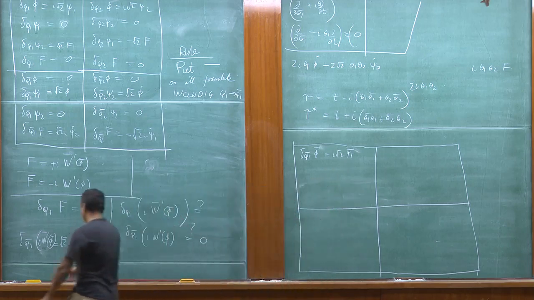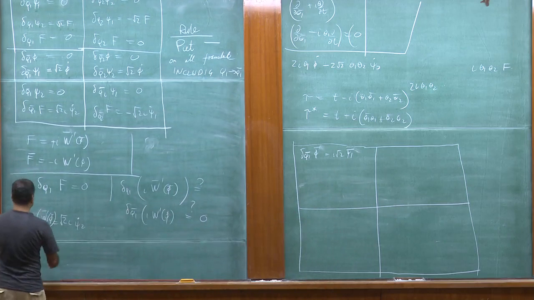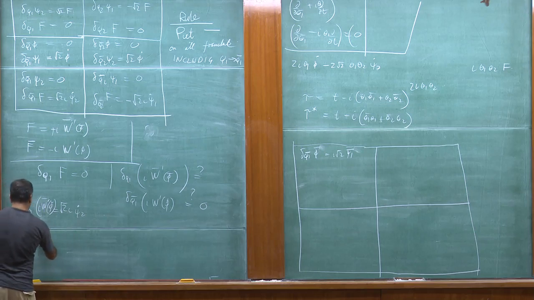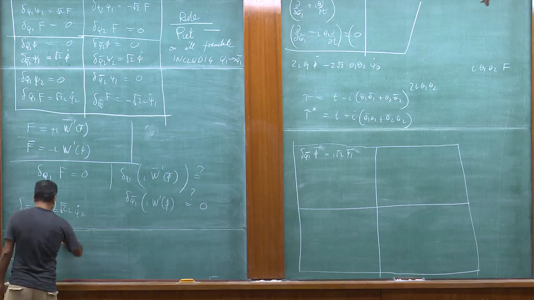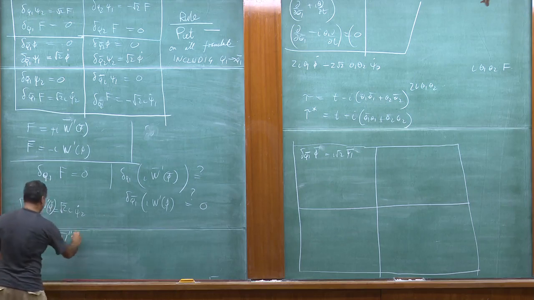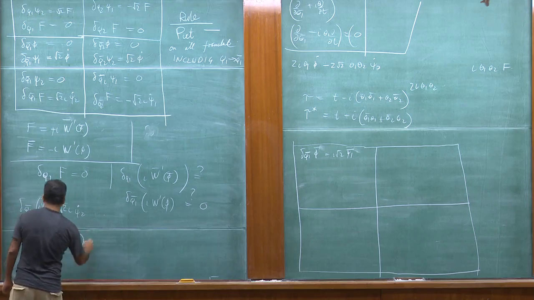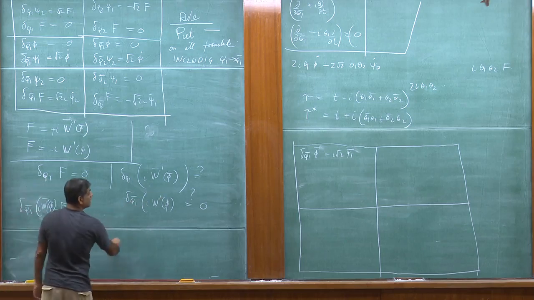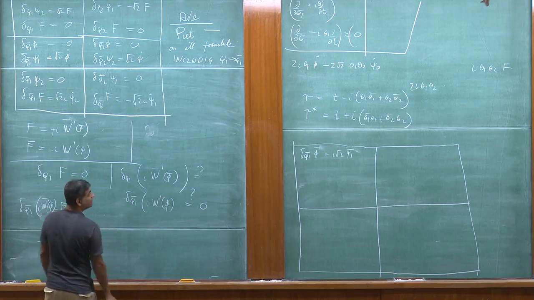Okay, so let's work it out. This was prime, so now we get minus square root 2 W bar double prime of phi bar times psi 1 bar.